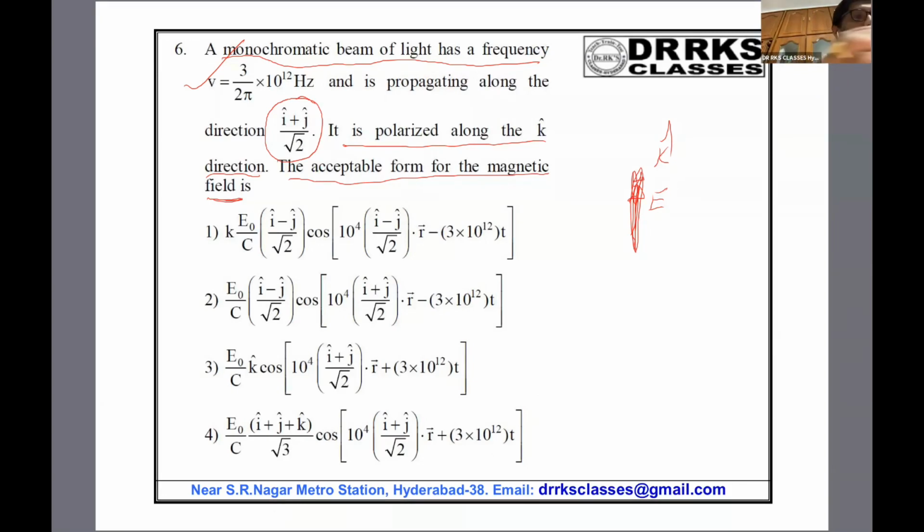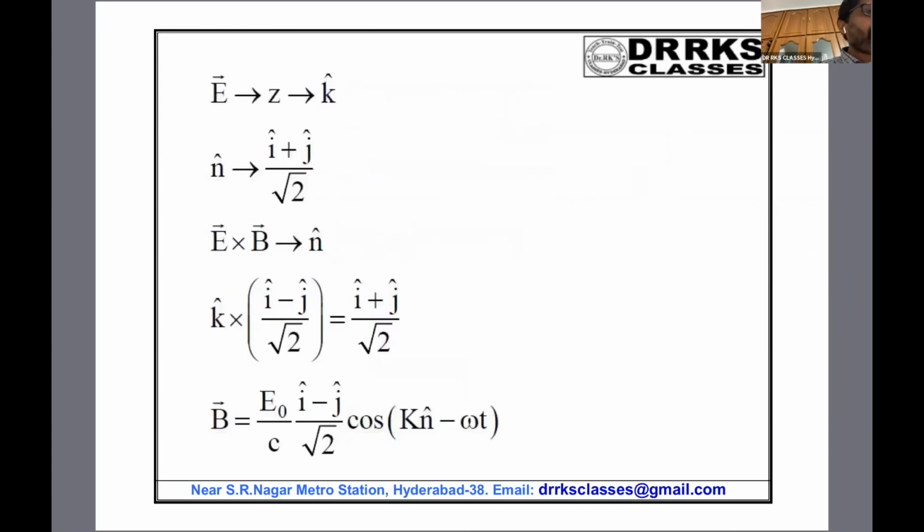We know the direction of propagation and we know the direction of the electric field. Let us find the direction of the magnetic field. The direction of the electric field is k cap, polarized in that direction. The unit vector in the direction of propagation is i plus j by root 2. Now apply the property that E cross B must be the direction of propagation, n cap being the unit vector in the direction of propagation.